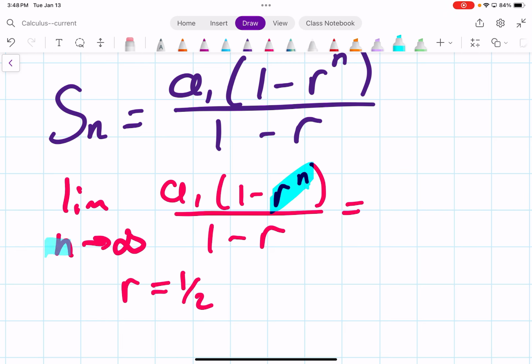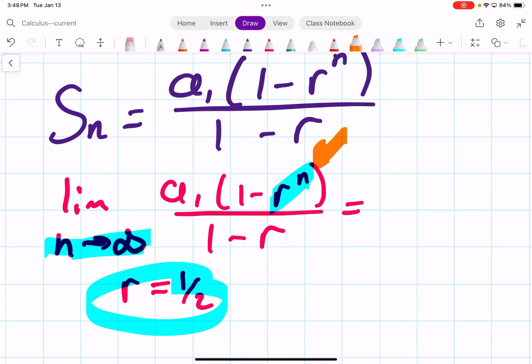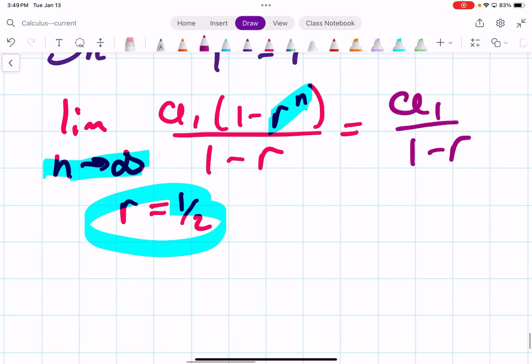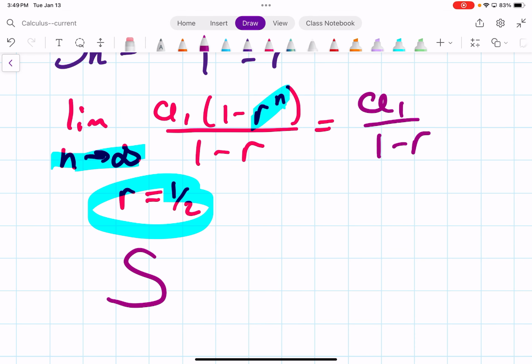If n is going to infinity and r is 1/2, what is happening to r to the n? It's becoming what? So it's approaching 0, which means the formula turns into this. So the sum of the infinite geometric series is a1 over 1 minus r.